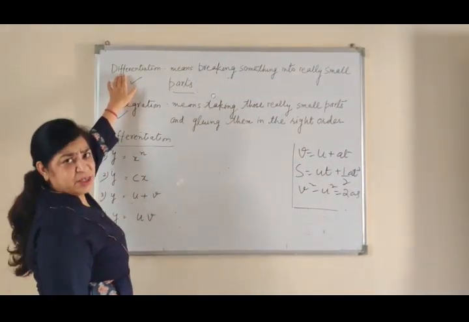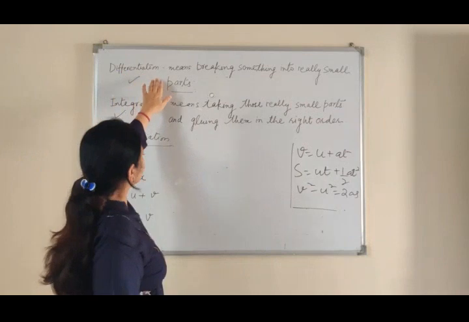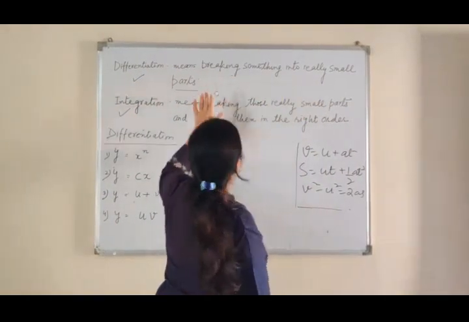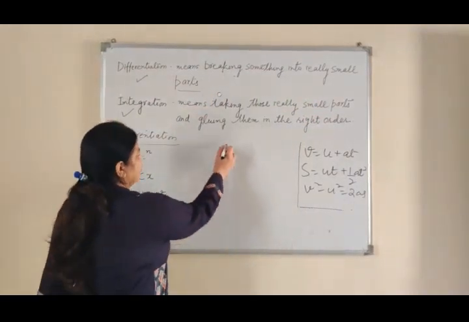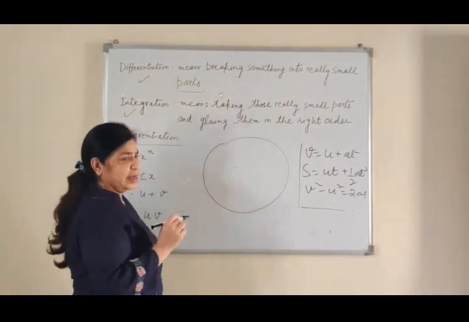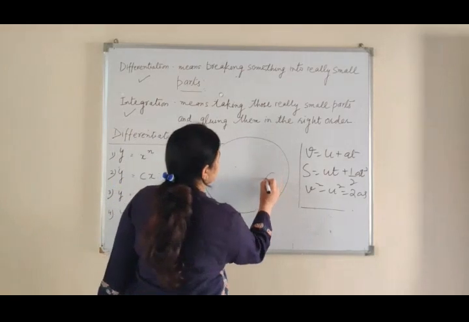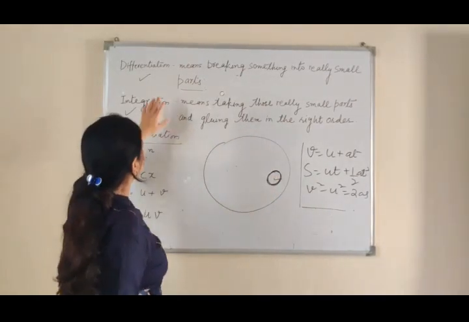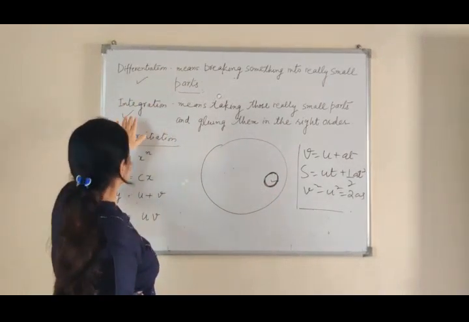So in simple words, if you want to understand differentiation, it means breaking something into really small parts. What does it mean? If you have a big physical quantity and you want to find its value over a small particular area, then we need the help of differentiation.